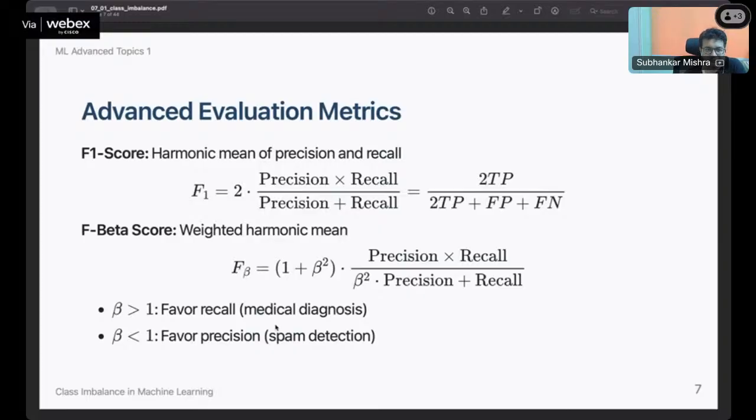And if you have beta less than 1, then you make sure that you don't filter important emails, meaning good emails should not go into spam. So this is one of the very nice metrics, the F1 score. If you look at any of the papers that you are studying right now, they generally will have the F1 score reported if it is an imbalanced data set.